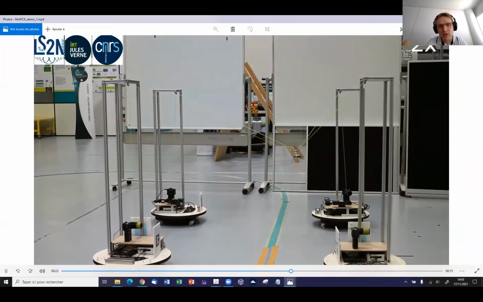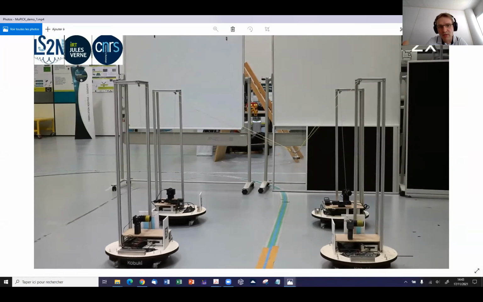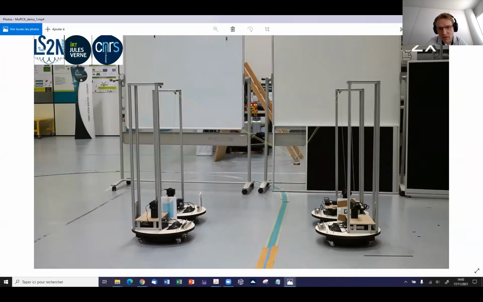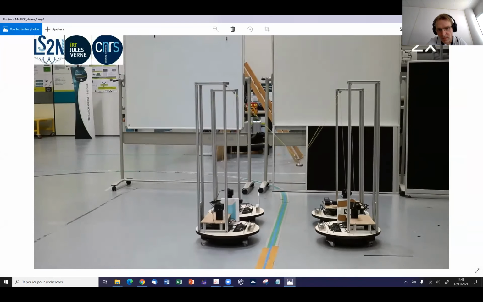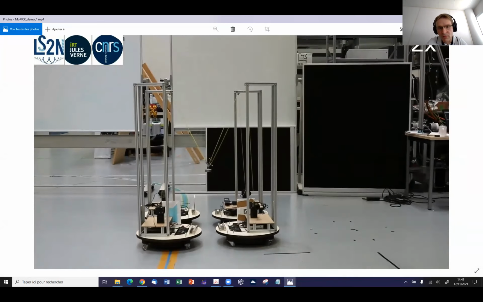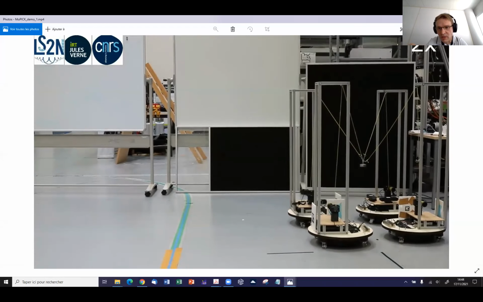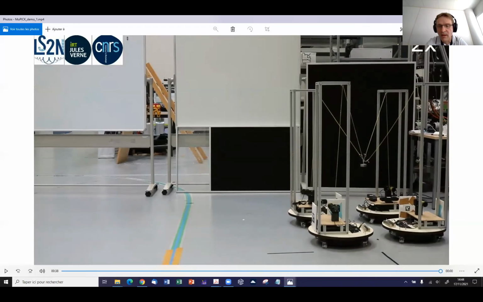So what we have in mind is to mainly use such a reconfigurable robot, and to use the mobile base to first reconfigure the robot, and then to use the CDPR as a classical CDPR as soon as the mobile bases are fixed. For sure, we need some energy.